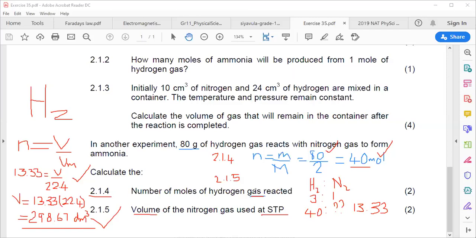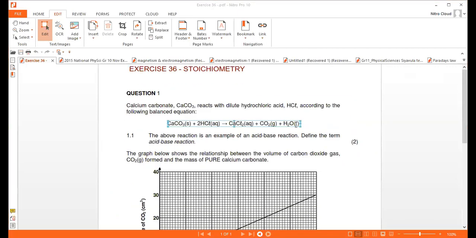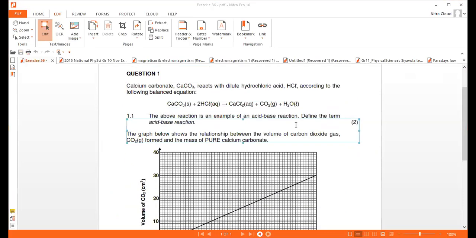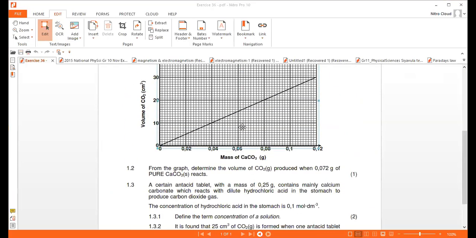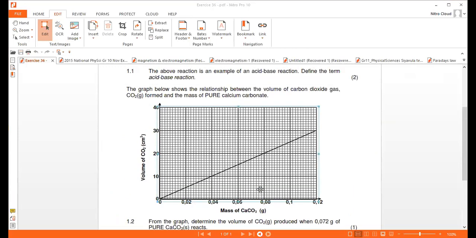I'll post it now. Right, so it's exercise 36. You attempt this one as well. It's asking about concentration, define concentration, and you do some calculations using the graph here.